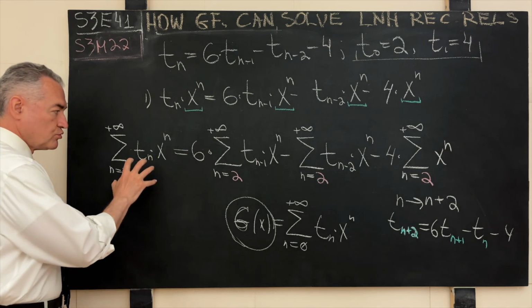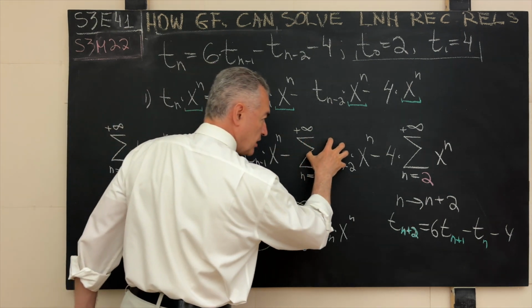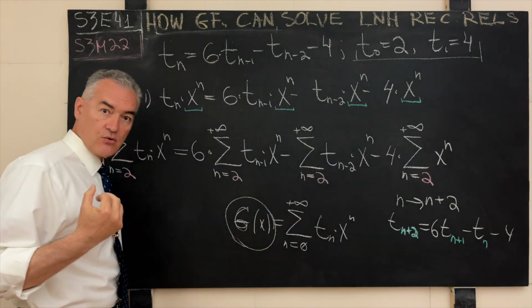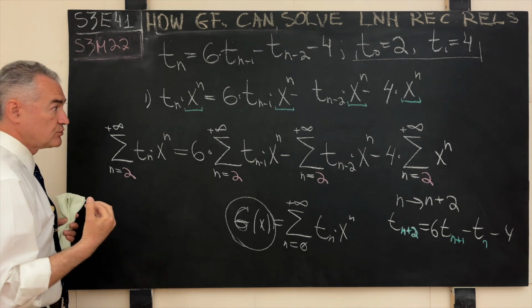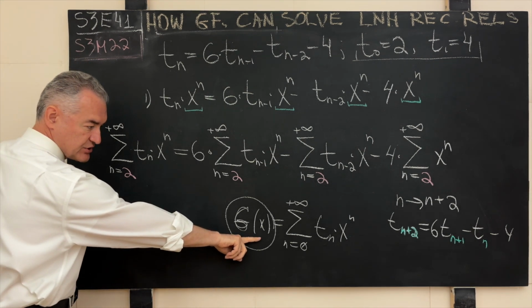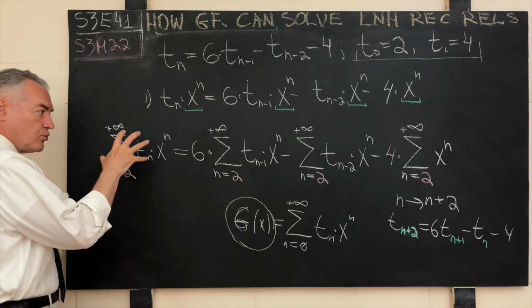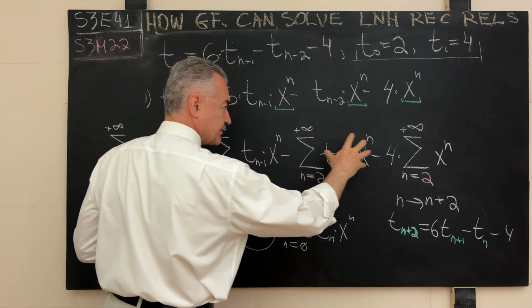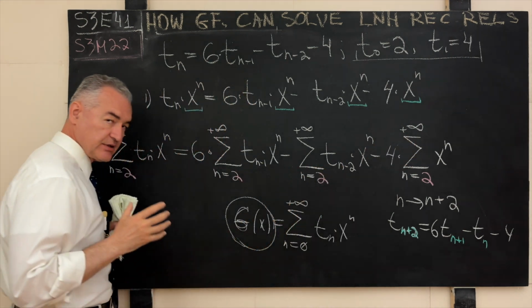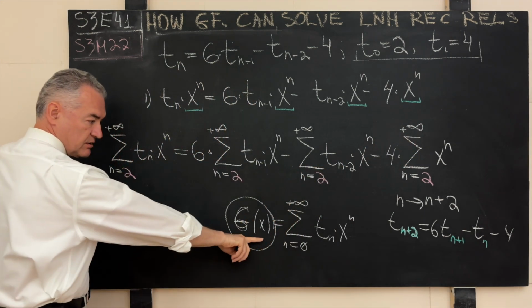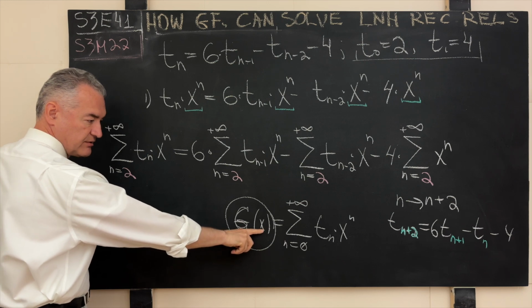And now we will chew on all these pieces one by one, because remember, what is the objective now? The big objective now is to manufacture the explicit shape of the function g of x. And we will do that by working with each sum and sculpting that sum into the material that contains nothing but the function g of x and the independent variable x.